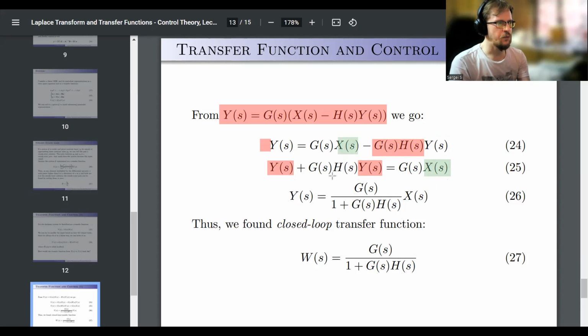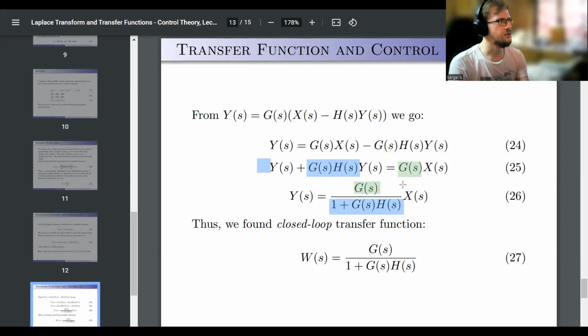Then we can isolate 1 plus g times h on the left, g on the right, and then divide by 1 plus g times h. So we get, well, now let me clear everything. So we get this transfer function. This goes here, and this goes here. Okay. So we found the closed loop transfer function. This is it. This is a closed loop transfer function.